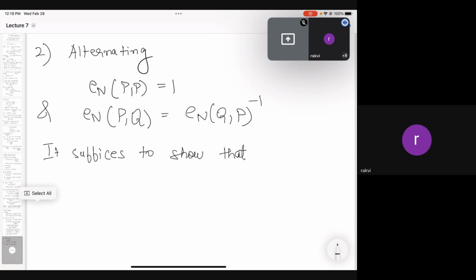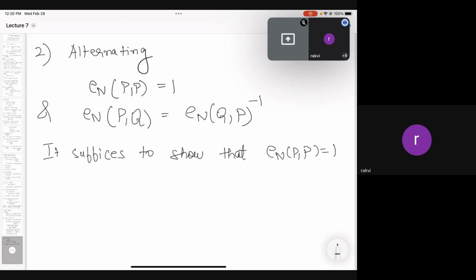Right. So the second property is that it's alternating. En of P comma P is equal to 1, and if you switch variables, they are the same up to inverses. To show the second part, that if we switch the variables we get inverses, it suffices to show the first property, that En of P comma P is equal to 1. Why is that? The second one follows from this.